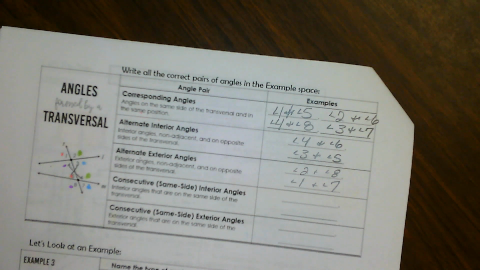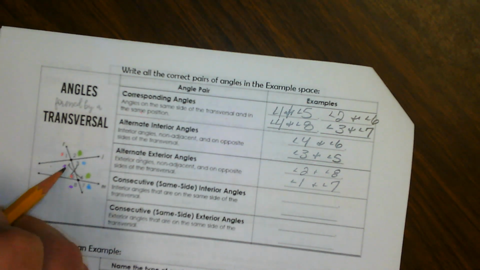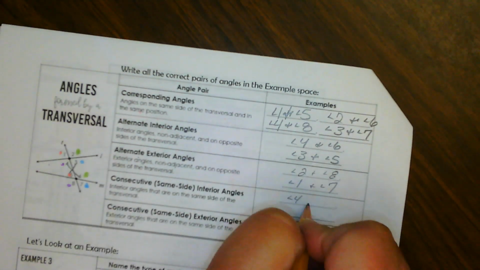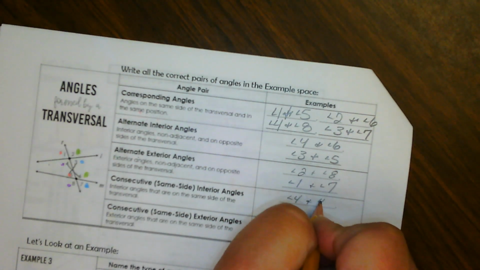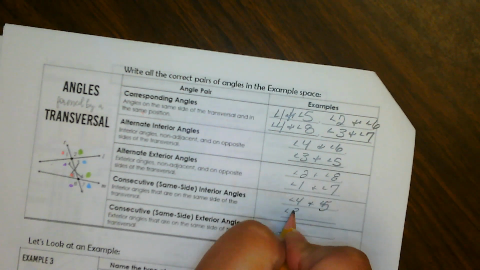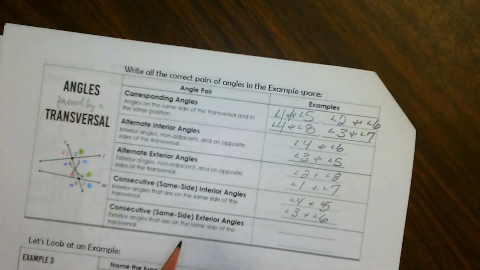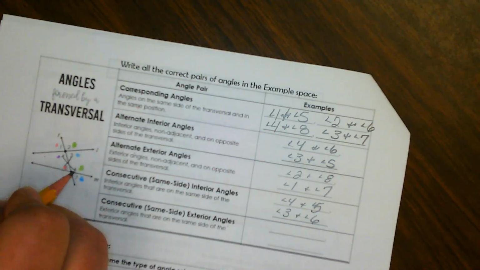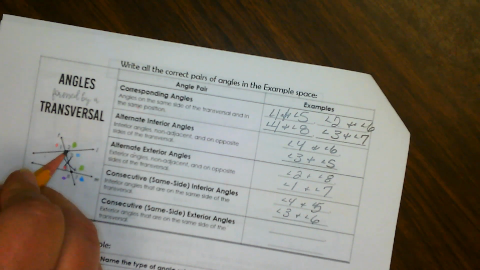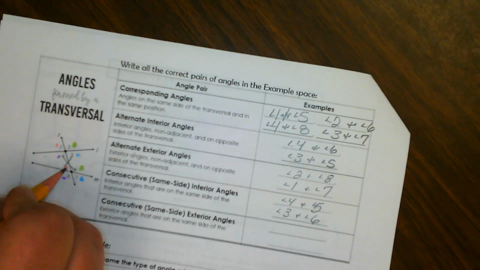So for these last two, the word consecutive means same side. It's 4 and 5 on the interior angles, and 3 and 6. Same side interior stays between the two lines and on the same side of the transversal: 4 and 5, and 3 and 6.